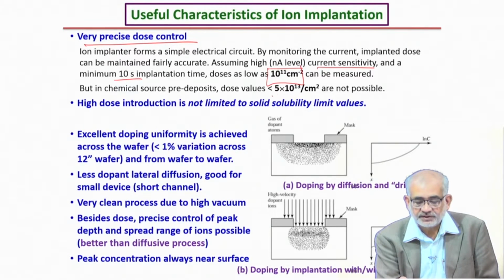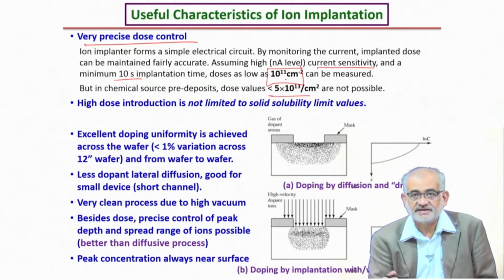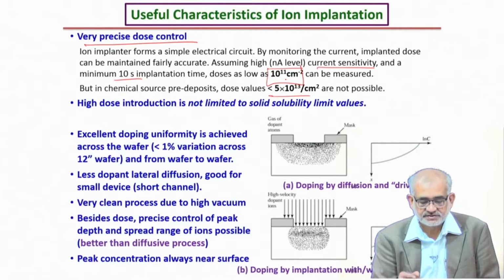Also, in the case of chemical species, the minimum concentration that you can achieve will be easily 2 orders of magnitude higher. In other words, the control or the precision in ion implantation will be greater than in other chemically activated or thermally activated processes.